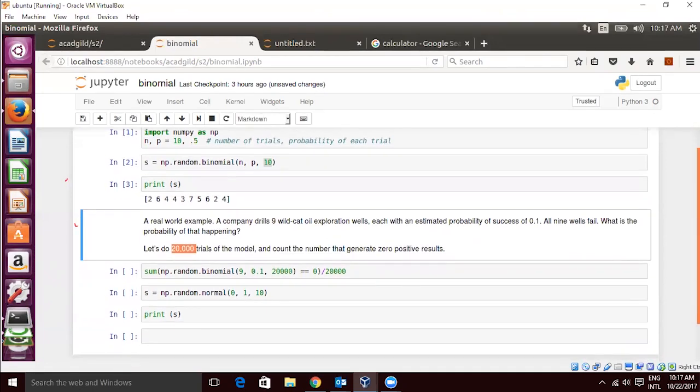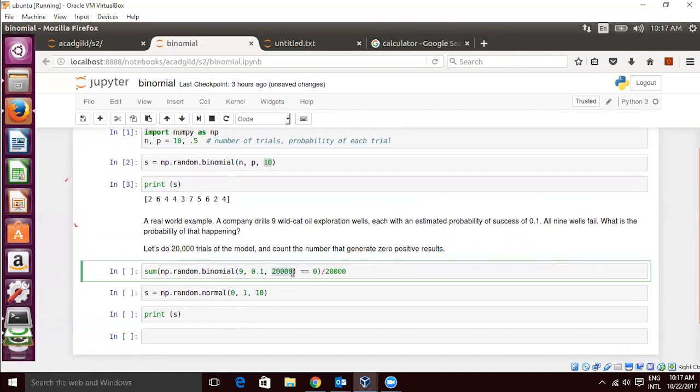To get 20,000 trials, we use the function numpy.random.binomial. We give the number of trials, which is 9 wildcat wells, and the probability of success, which is 0.1. This simple function will give us the 20,000 trials. Now the question is, what is the probability of getting zero positive results?